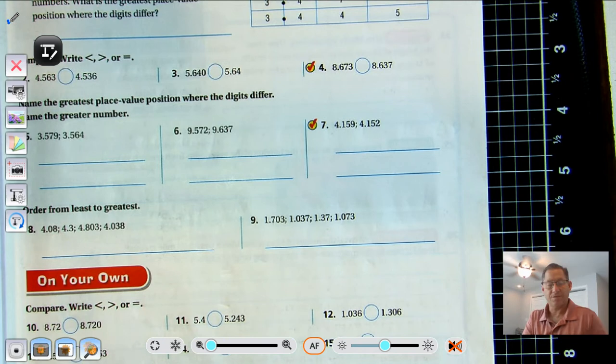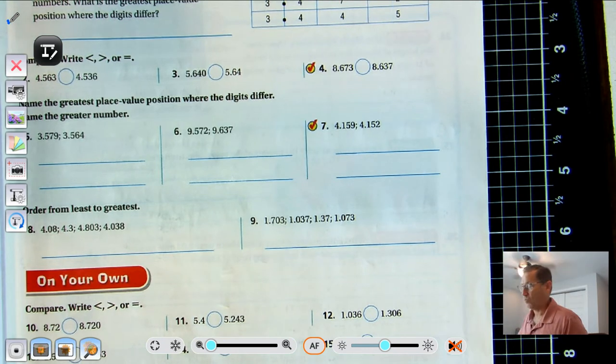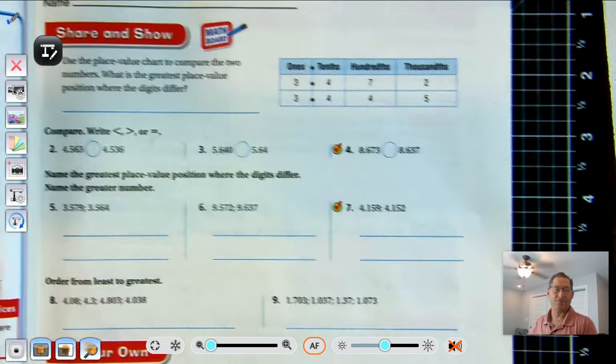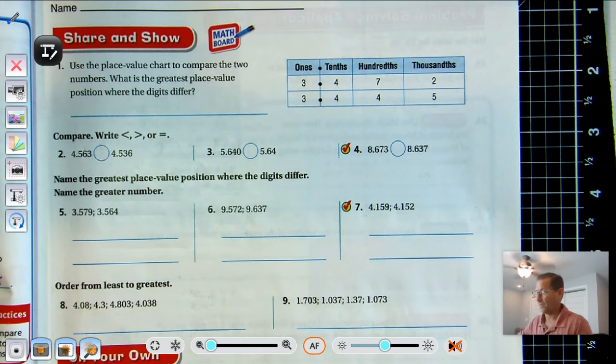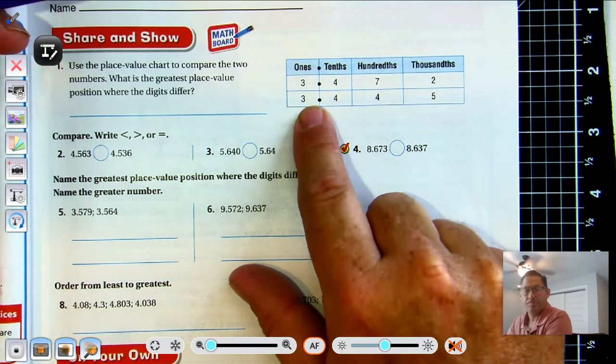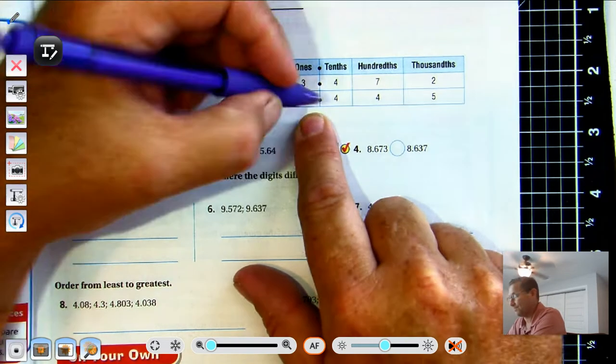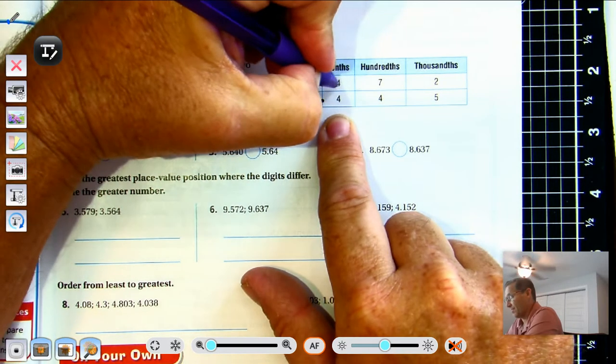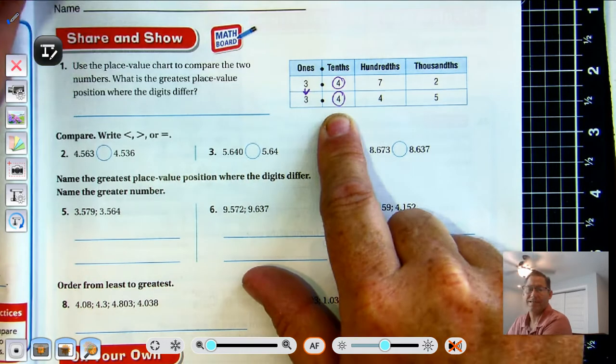Use the place value chart to compare the two numbers. What is the greatest place value position where the digits differ? Okay, well, they both have 3 ones, so those are the same. 4 tenths, 4 tenths, those are the same.